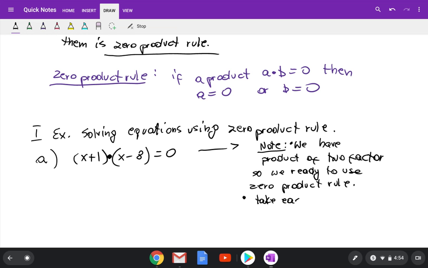Take each factor, which is a parenthesis, set it equal to 0, and solve for x.